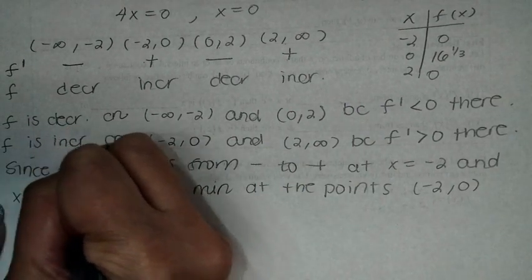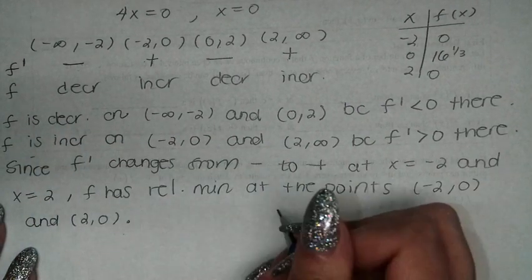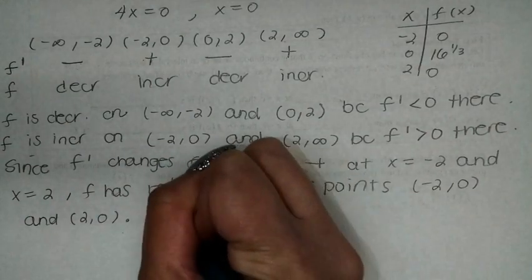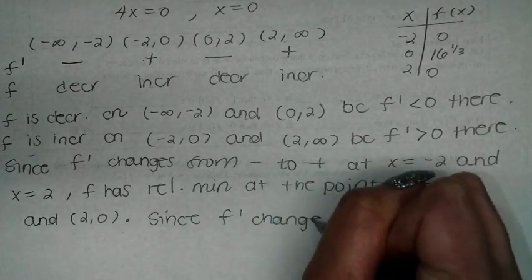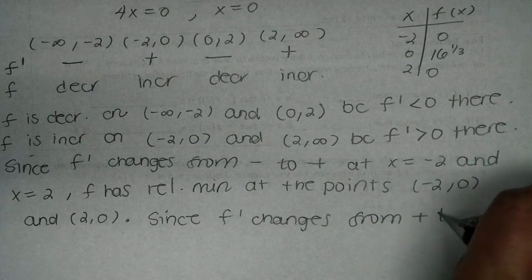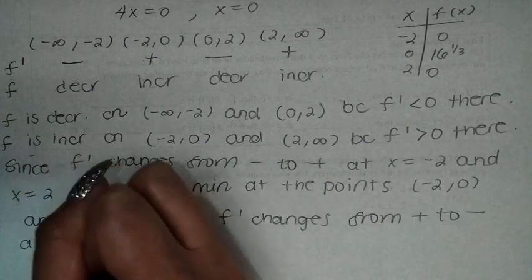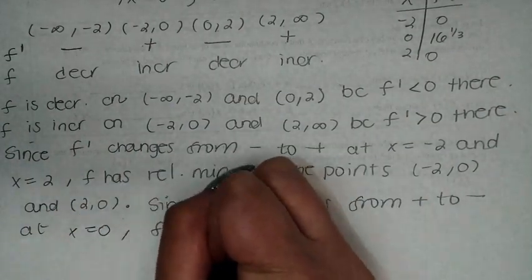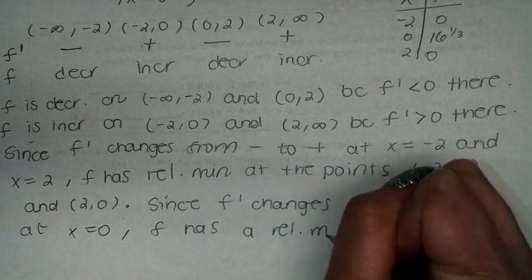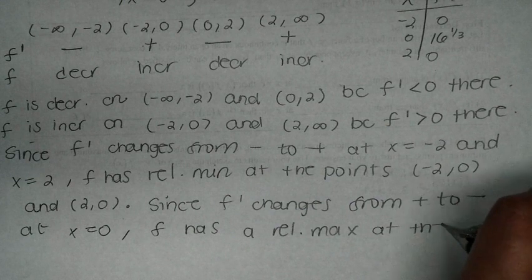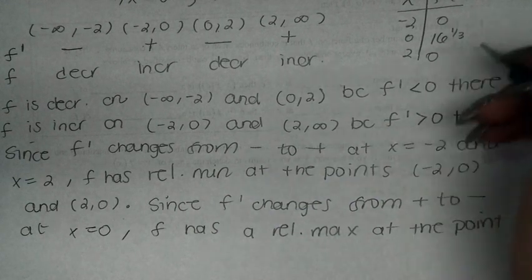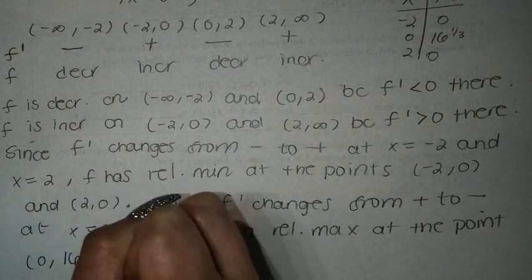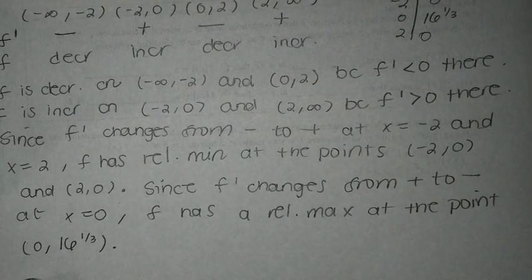Similarly, since f prime changes from positive to negative at x equals 0, we know that f has a relative maximum at the point (0, 16 to the power of 1/3). I'm clarifying that it's the point because otherwise it looks kind of weird. Okay, so that's what we have for the conclusion.